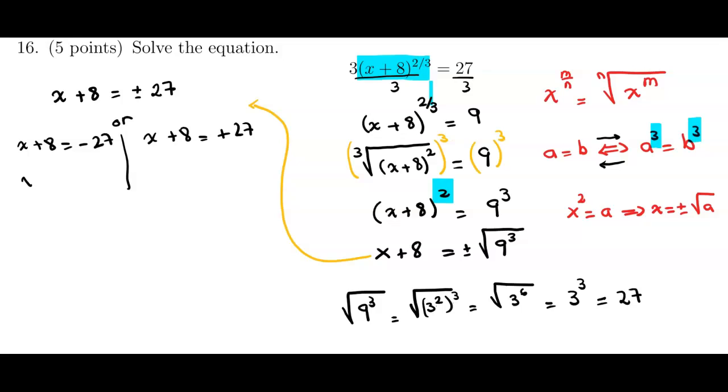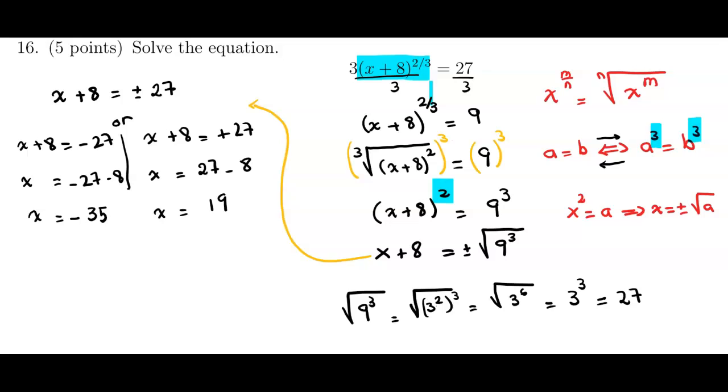Solving for x for the first one, x is going to be minus 27 minus 8, so x ends up being minus 35. For the other one, the same thing: we move the plus 8 to the other side, so this is going to be 27 minus 8, and you end up with x equals 19.